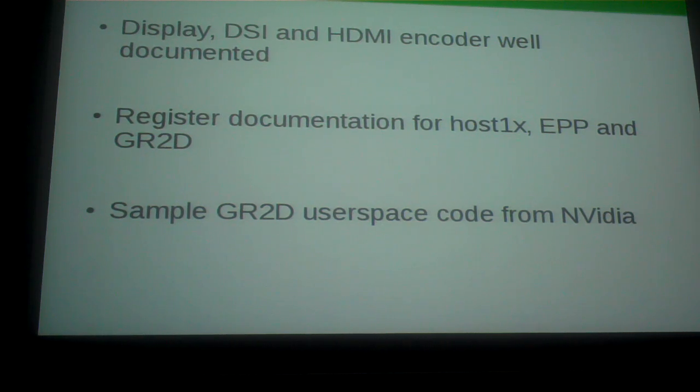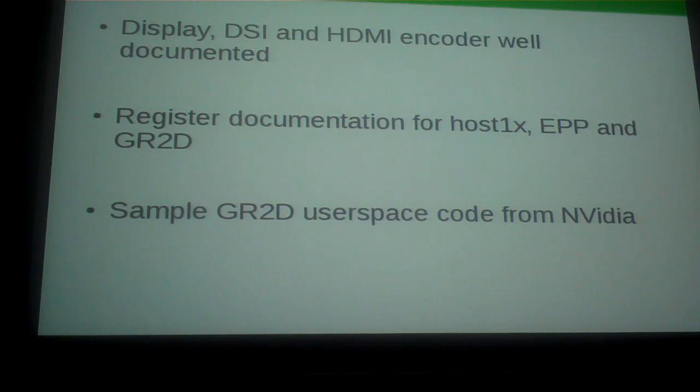So yeah, with the second version of the Tegra 2 TRM, there was also added register documentation for the host1x, the image preprocessor, and the 2D engine. So that's one of the rules that NVIDIA imposes. They're doing documentation first, and only after that they're open sourcing some code.